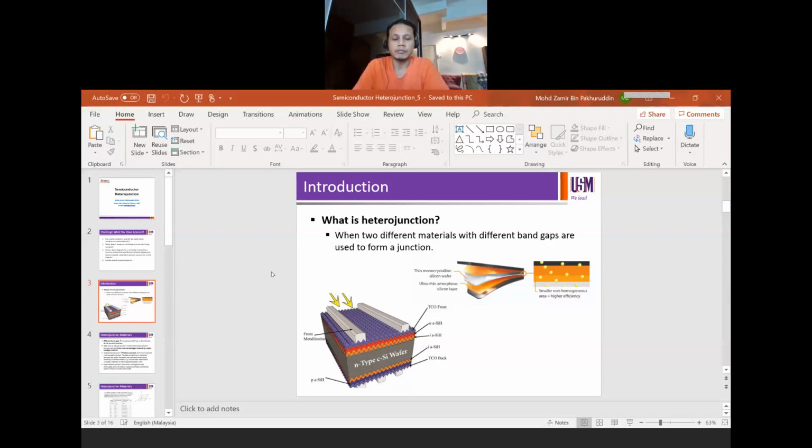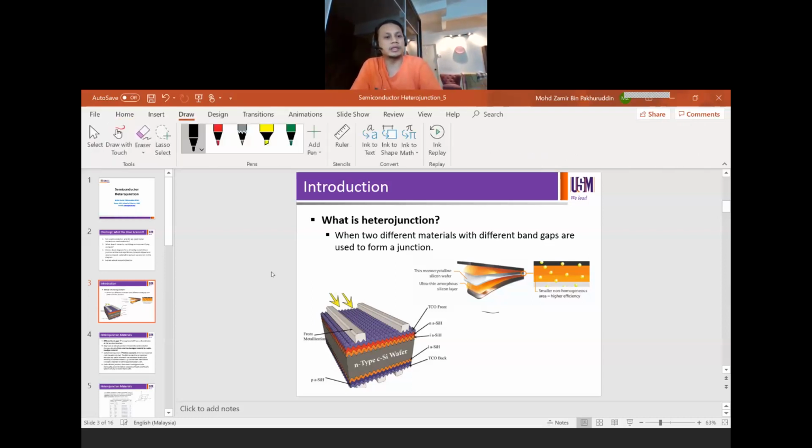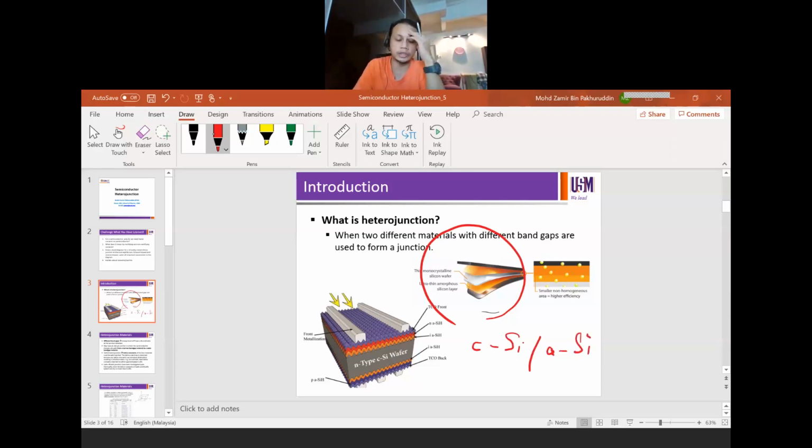Okay, so for example, you can see the picture in the middle there, where we combine monocrystalline silicon, which is crystalline silicon, with amorphous silicon, so they are heterojunction. 1.12 eV on the left hand side and 1.8 on the right hand side. Therefore it is a heterojunction.